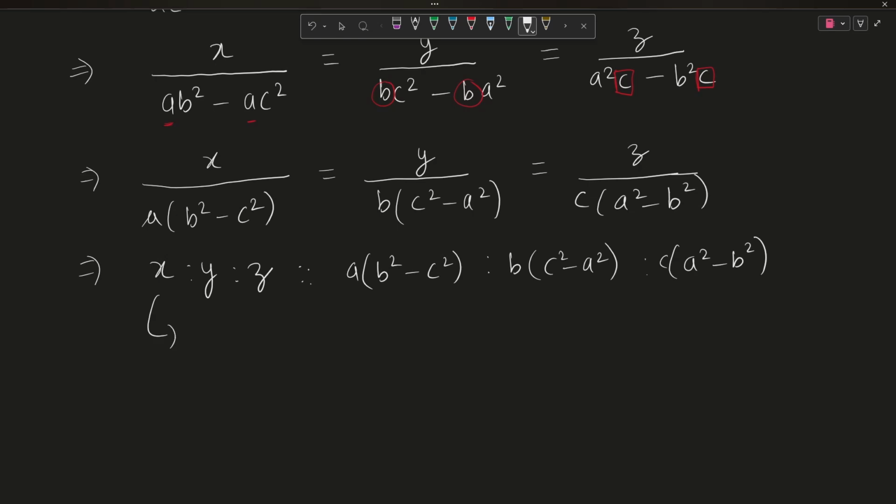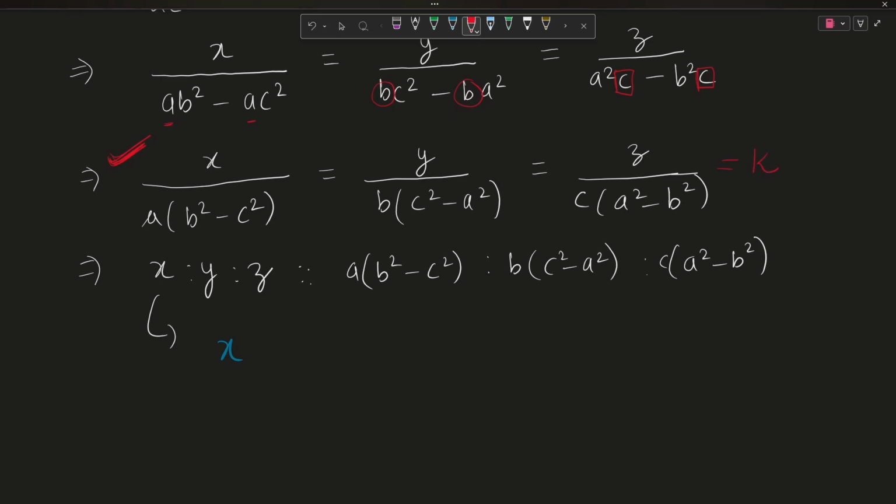So from this we can get our values for x, assuming this whole system of equations equal to some constant k.